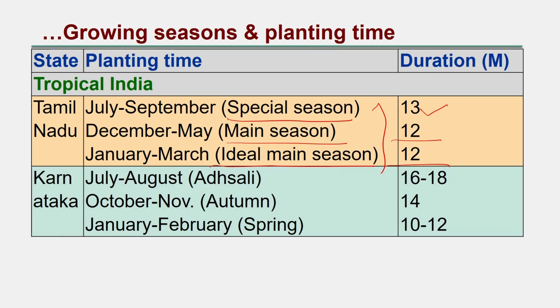Now you see in Karnataka, July, August is the season for Adasali crop. It takes about 16 to 18 months, and then October to November, autumn crop, it takes 14 months, and then January, February, spring crop, it takes 10 to 12 months.